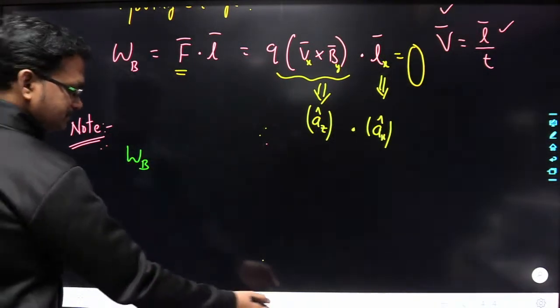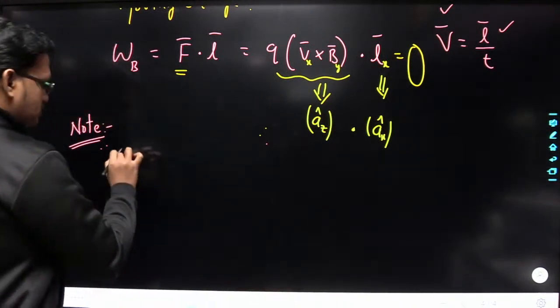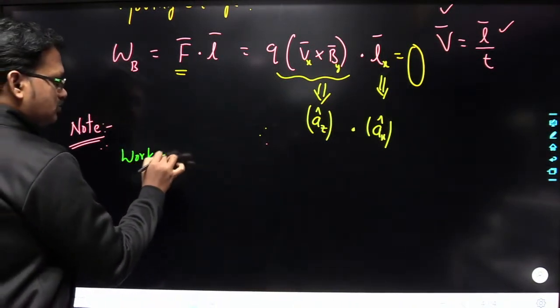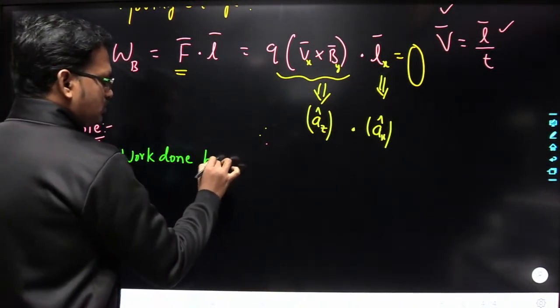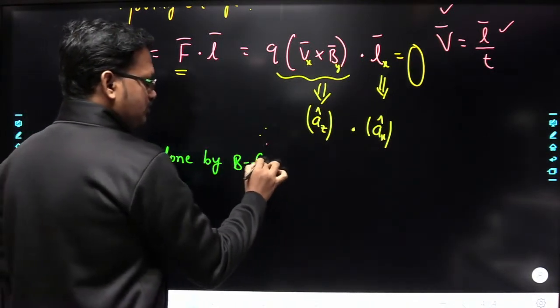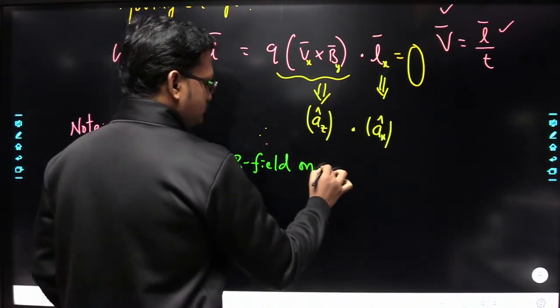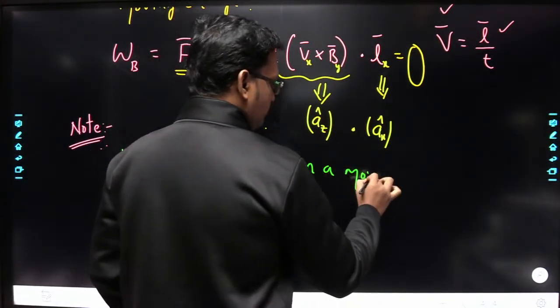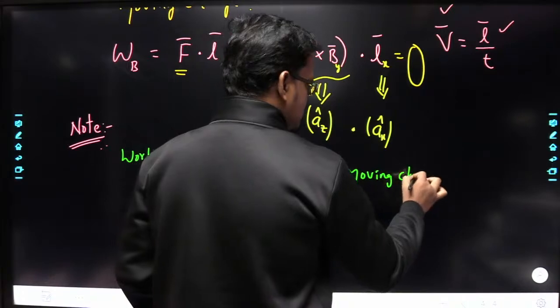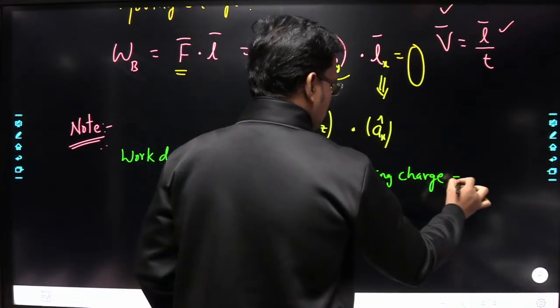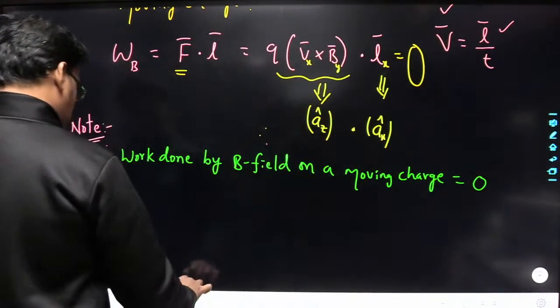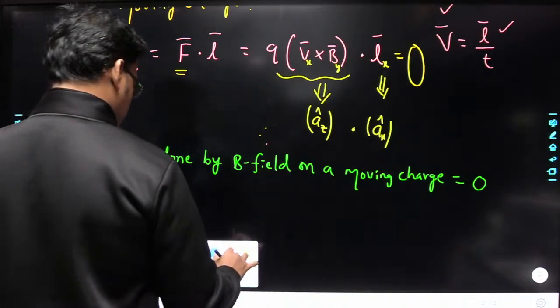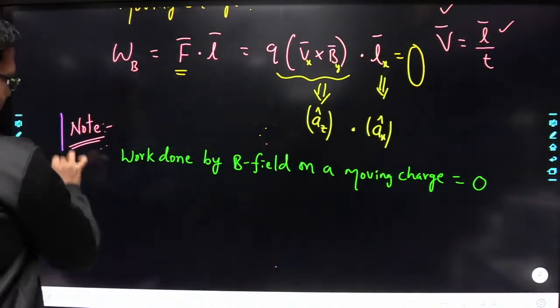Work done by B field on a moving charge is equal to 0.